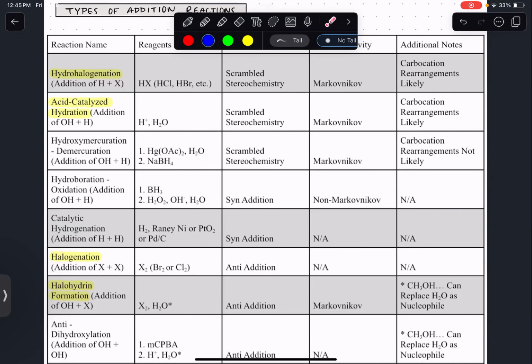That makes it extremely, extremely clear why these different types of reactions are valuable and how we can use them to our advantage.